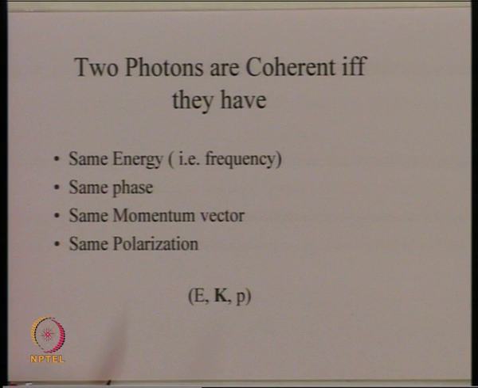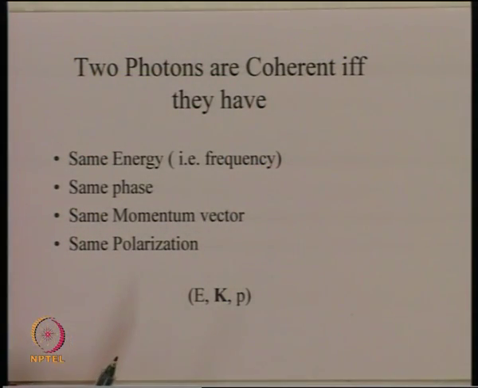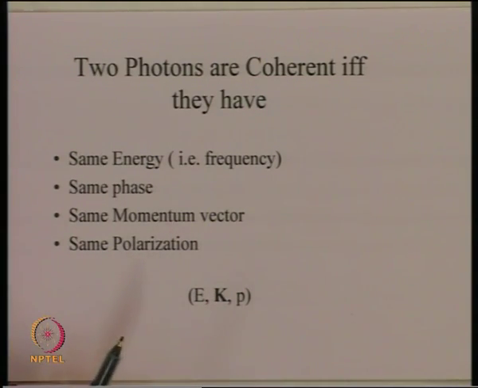So, they have the same momentum vector, they have the same frequency, but if the electric fields are oriented perpendicular to each other, these two photons will not show any interference. So, coherency or coherent behavior of light can be seen through the interference phenomena, and for that to take place, not only these quantities should be same, but the polarization of the photon also should be same.